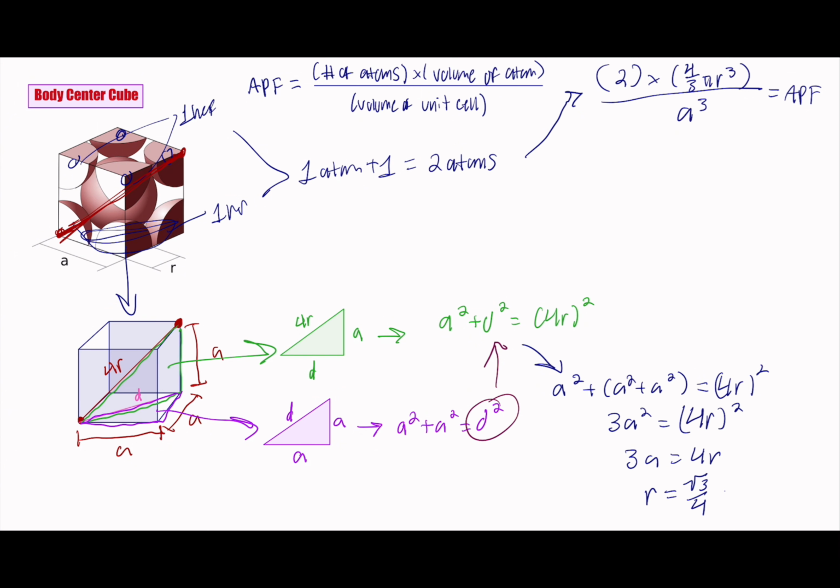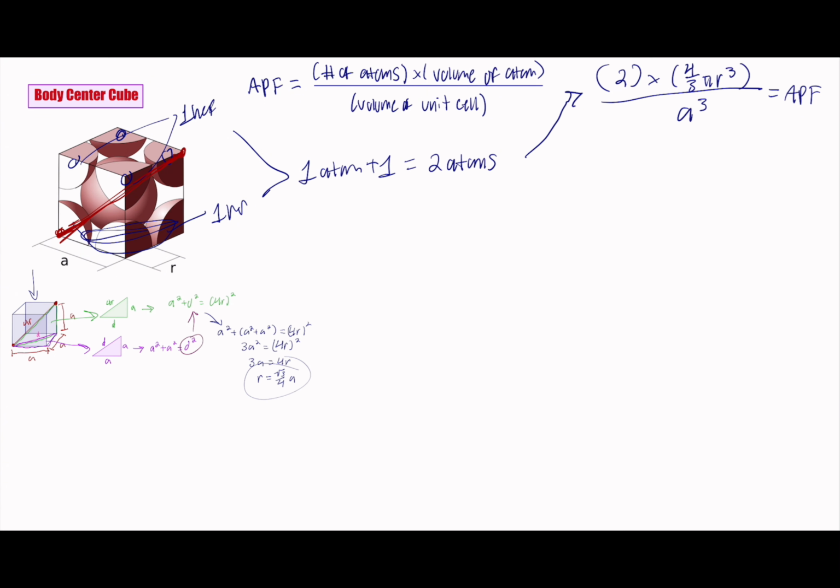So for this one, instead of finding what A equals to something, we were solving for R. And now we can substitute R into this equation that we initially had. So then from this, and we substitute it, we get the atomic packing factor is equal to 2 times 4/3 pi, and then we substitute the R, which will be square root of 3 over 4A cubed over A cubed.